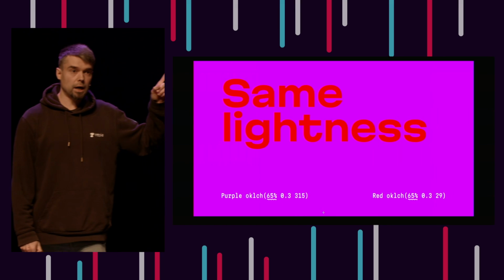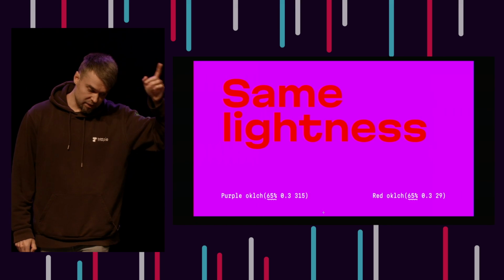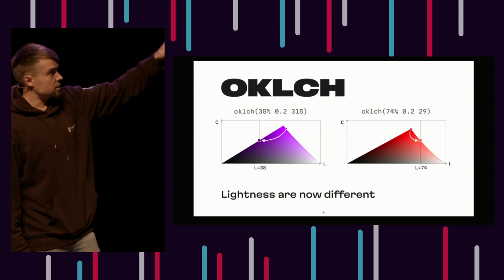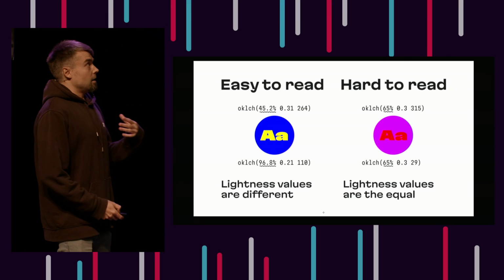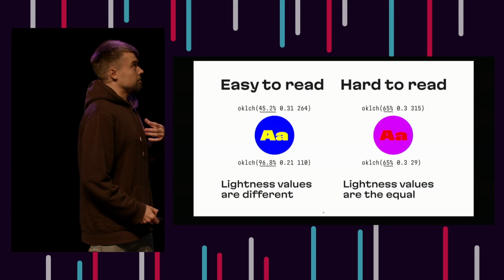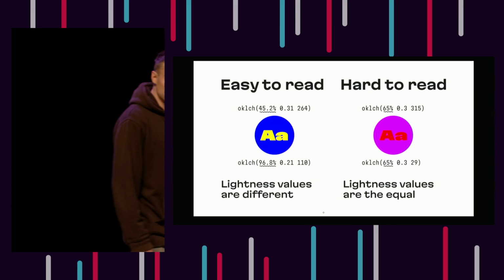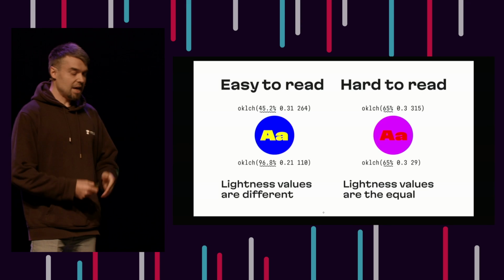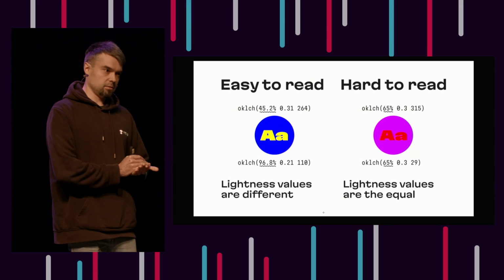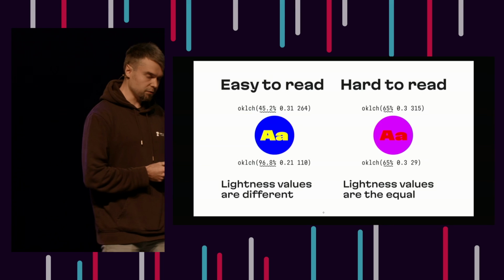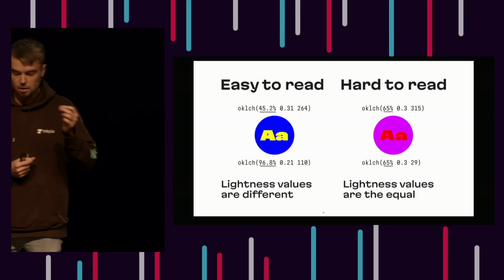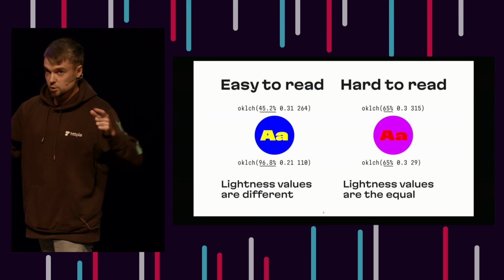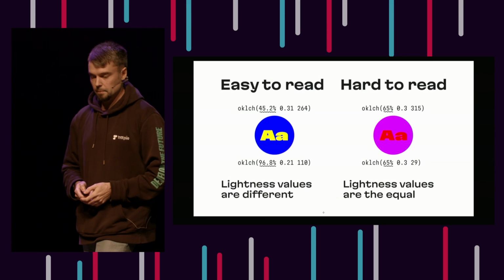But before I switch the slides, please take note that the lightnesses of these two colors are exactly the same. And that's the first superpower of OKLCH. It explains and predicts whether a combination of two colors will be easy or hard to read based on the difference between the lightnesses of these two colors.